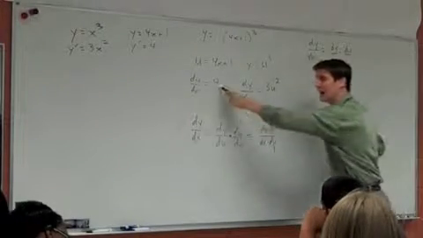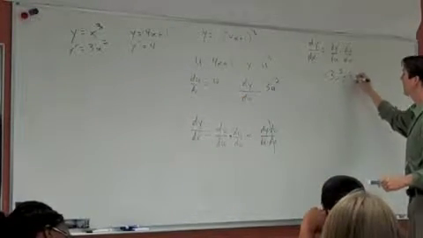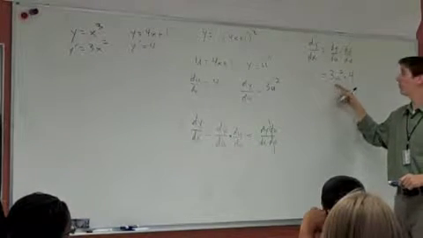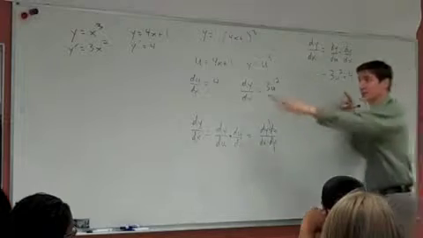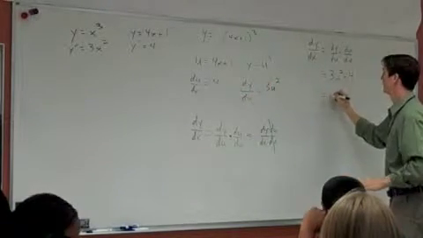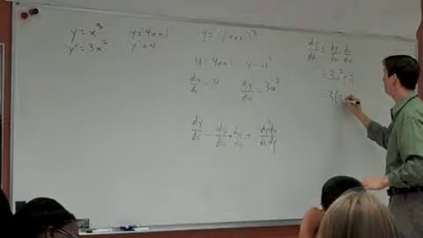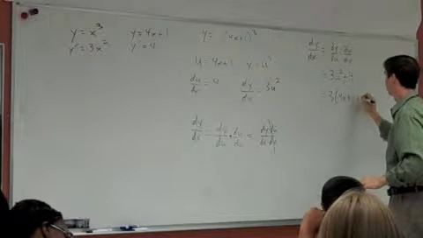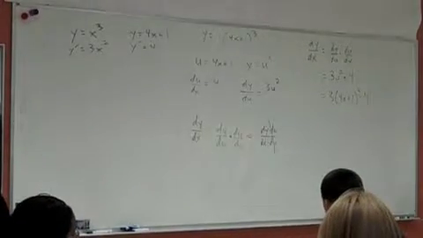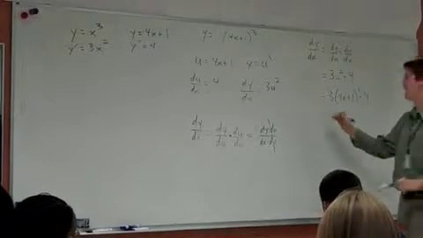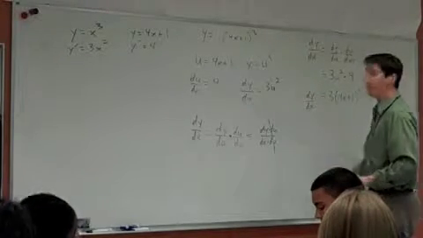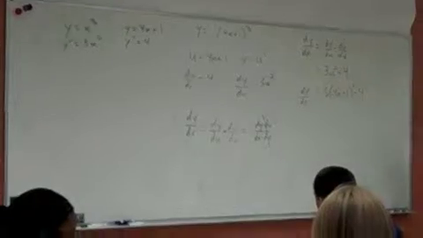Du dx is equal to 4. Well, this doesn't help me. But what was u equal to? So I can resubstitute back in. Now you have a dy dx back in terms of x.